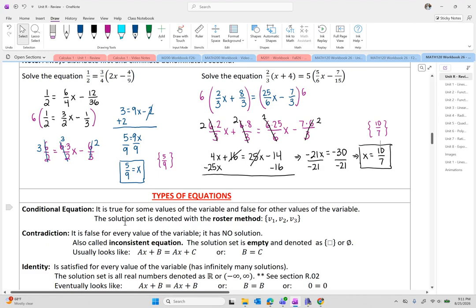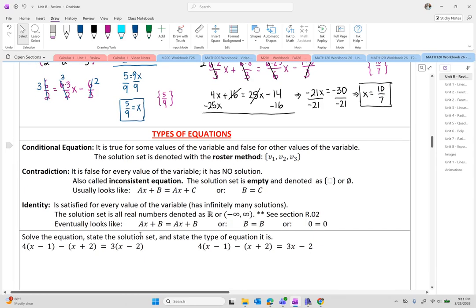There are cases where our linear equation will not have a solution or will have infinitely many solutions. A contradiction is false for every value of the variable and has no solutions. It's also called an inconsistent equation. The solution set is empty, and the notation for an empty solution set is the braces with nothing in them or a circle with a slash over it.